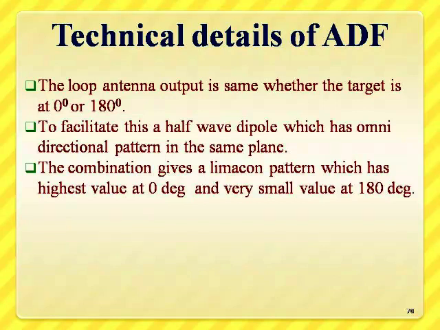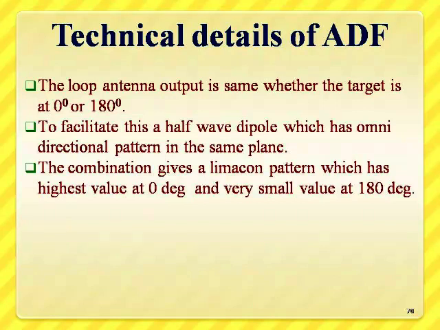Mixing both the signals, the total antenna pattern is going to be a Limacon pattern as shown in the diagram on the right. The combination of the two antennas gives a Limacon pattern which has the highest value at 0 degrees and a very small value at 180 degrees.